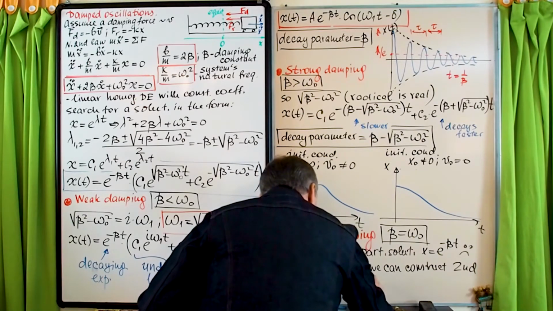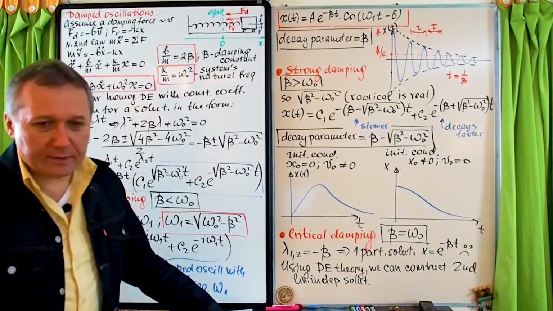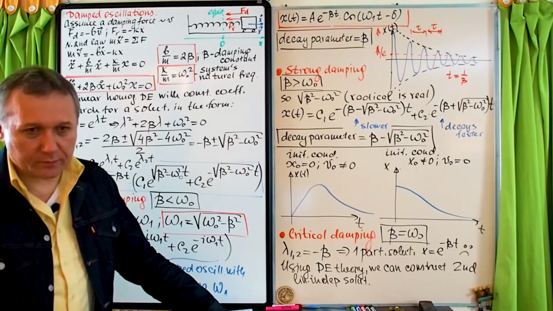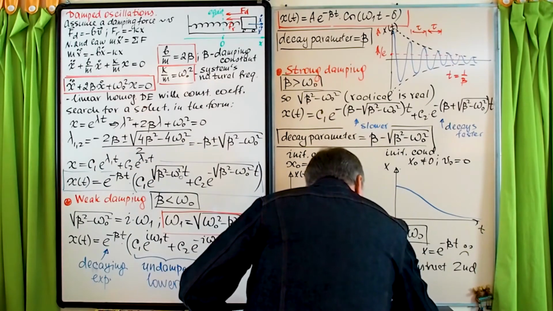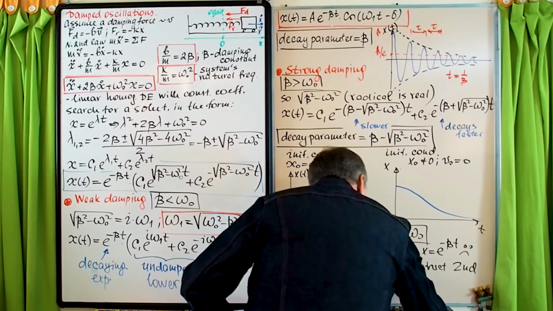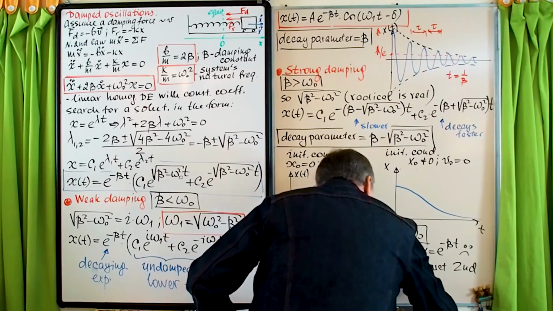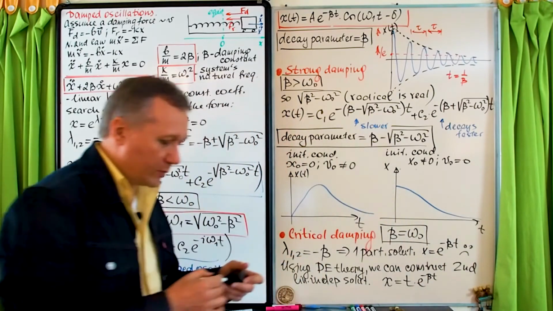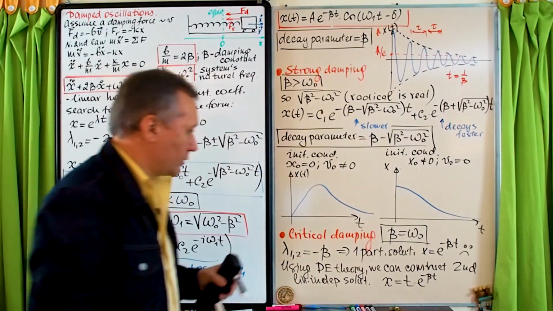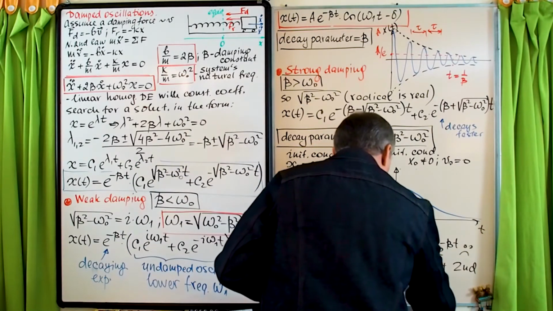Let me abbreviate it, make it shorter. Second linearly independent solution, and that is x equals t times e to the power of minus beta t. So that will be our second particular solution. Okay, let me frame it over here.